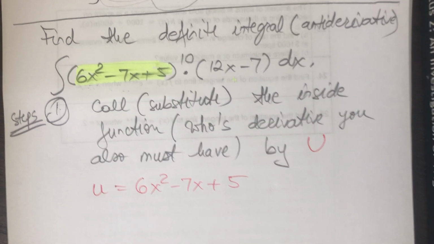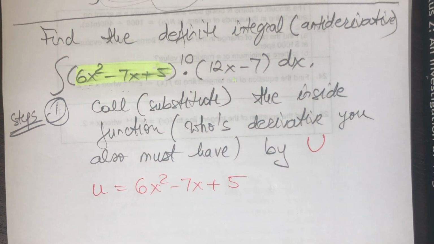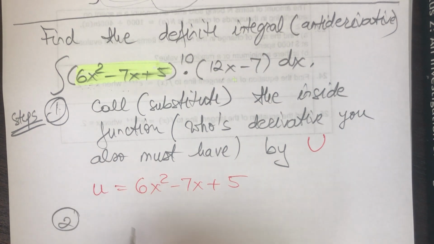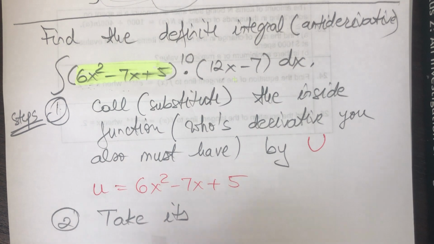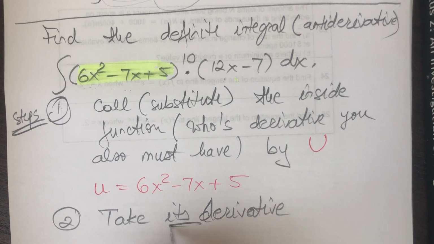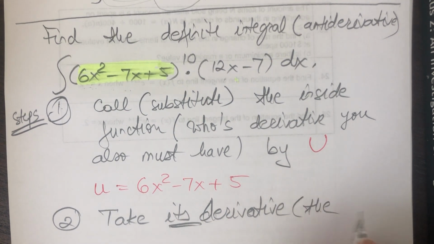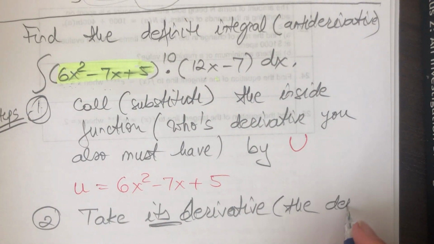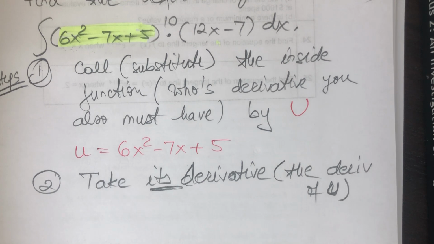Okay. All right, so what we are going to do next is take its derivative. What do I mean by its? The derivative of u, this u guy, with respect to x.